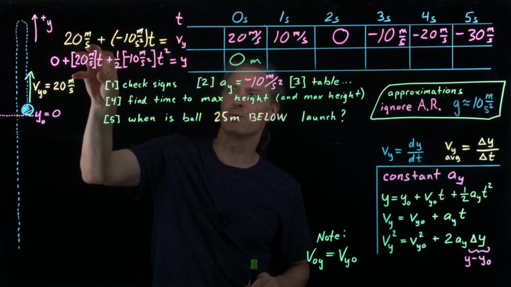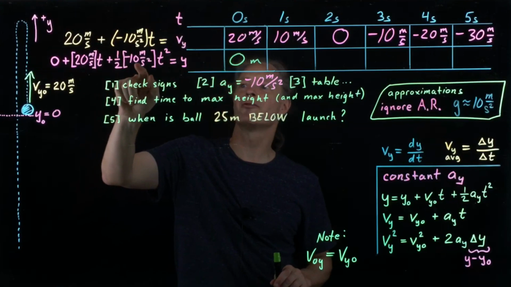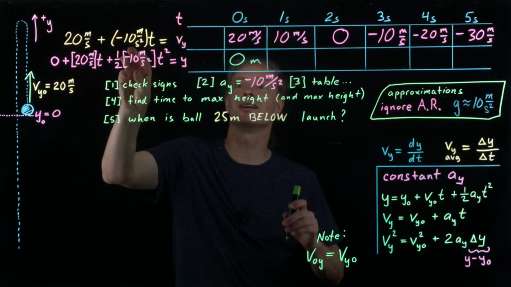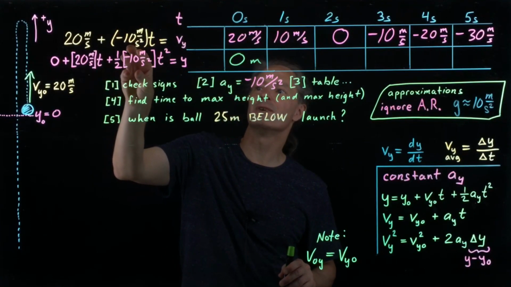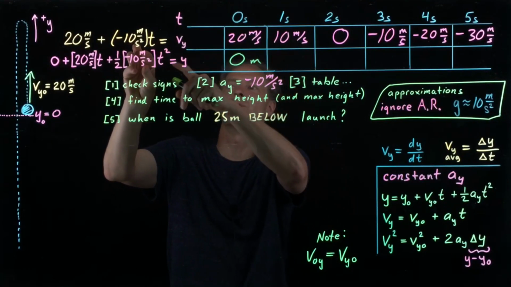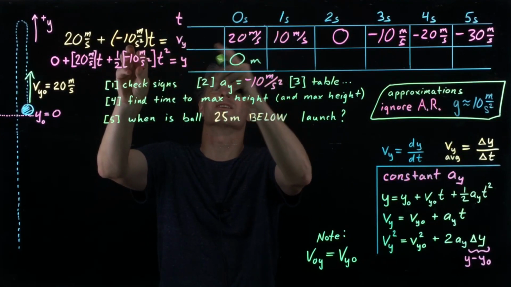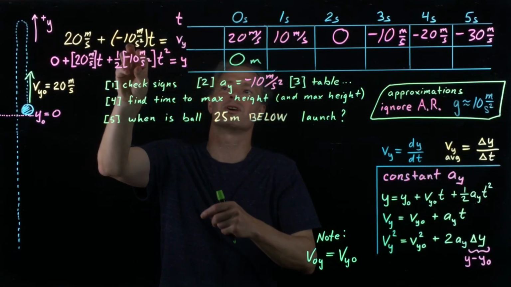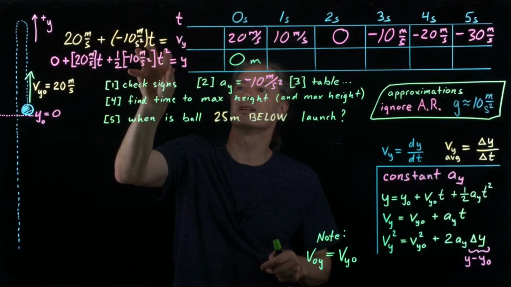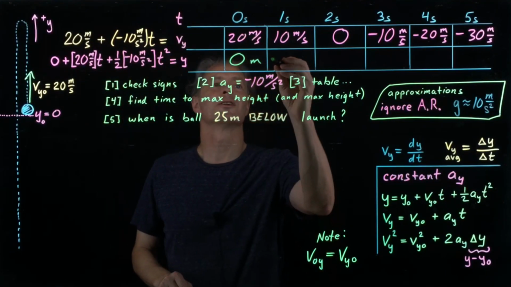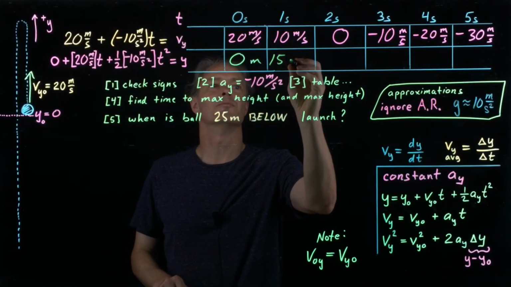Hold that thought, 20 meters. I'll have 1/2 times negative 10. That's negative 5 meters per second squared. So negative 5 meters per second squared times 1 second squared gives us negative 5. And the seconds squared cancel, so I'll be left with negative 5 meters for all of this. So 20 meters plus a negative 5 meters gives us 15 meters.